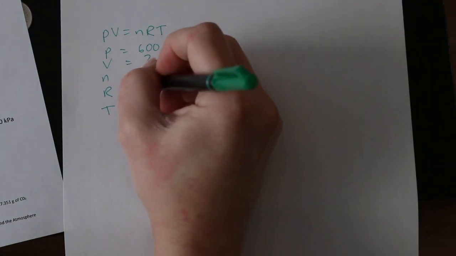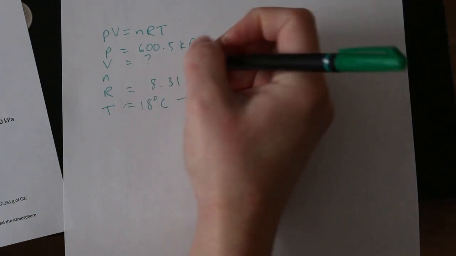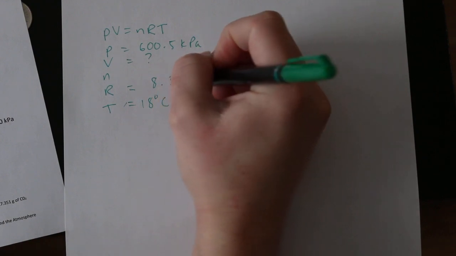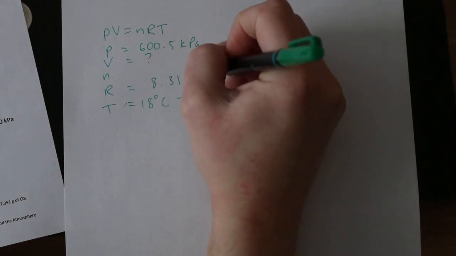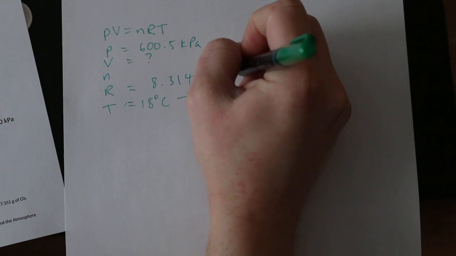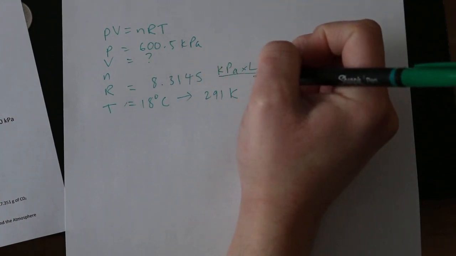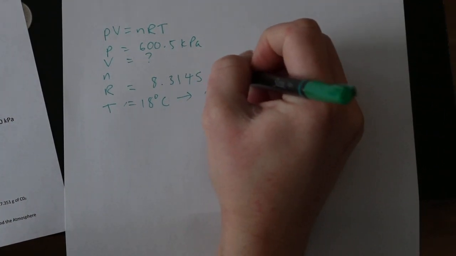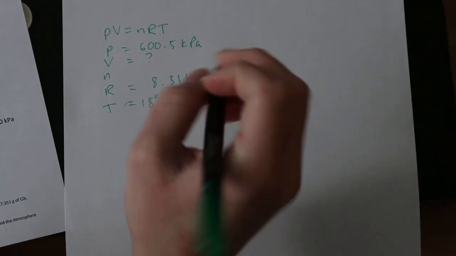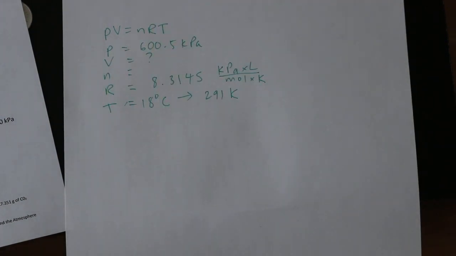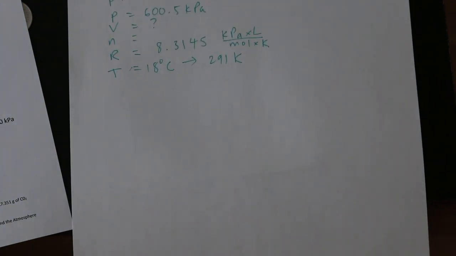Okay, and R is a constant. And because we were given our pressure in kilopascals, we're going to use the 8.31451. Okay, and the units for that are kilopascals times liter divided by moles times Kelvin. Okay, so the last thing we need to find is n. Okay, so remember n is going to be our number of moles of methane gas.